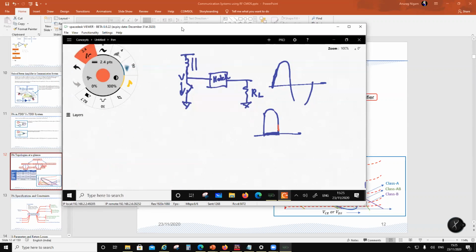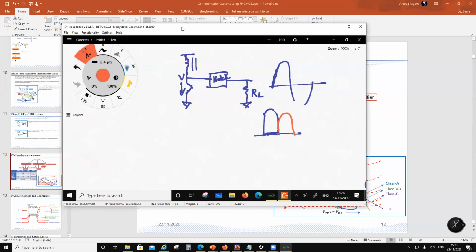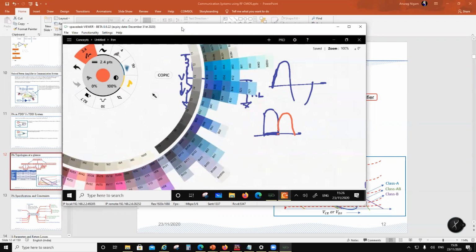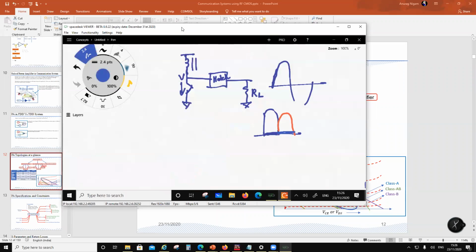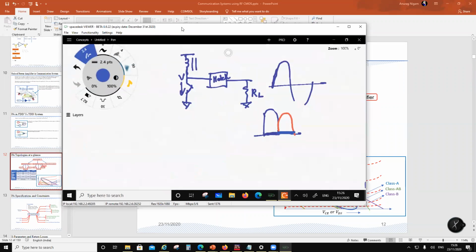Then I have a current waveform, and voltage is 0 over here. So if I guarantee a quadrature like this, then the loss in the switch is 0.